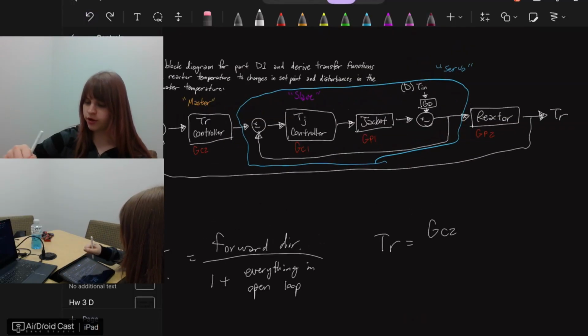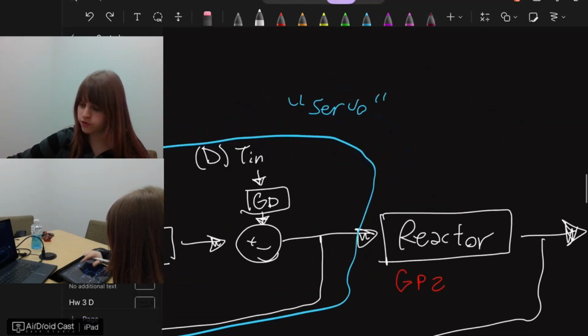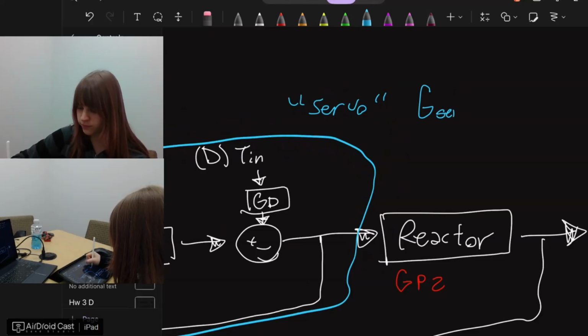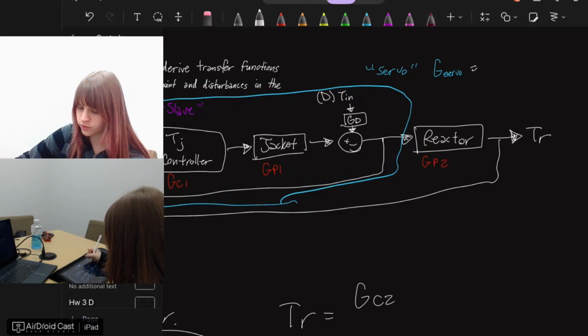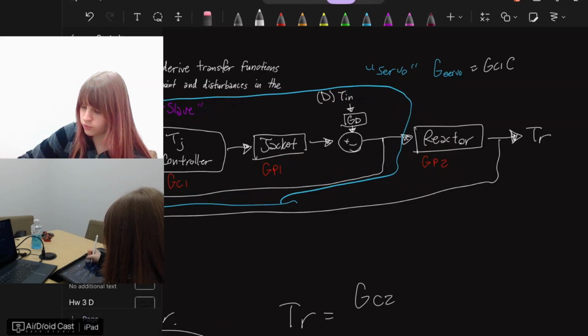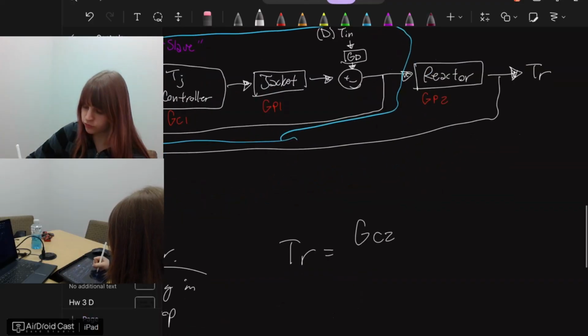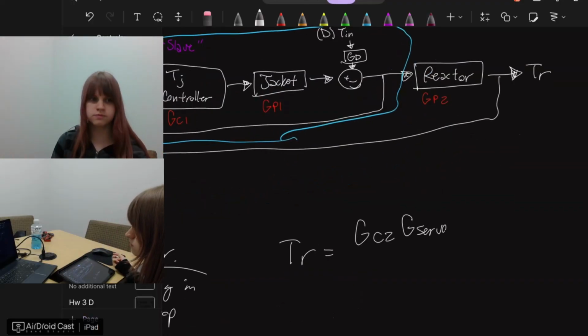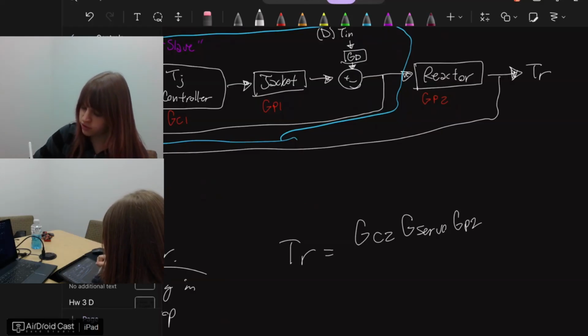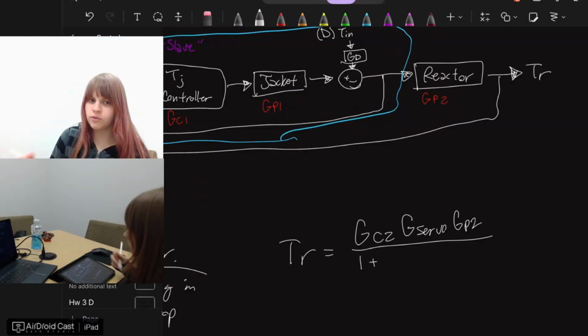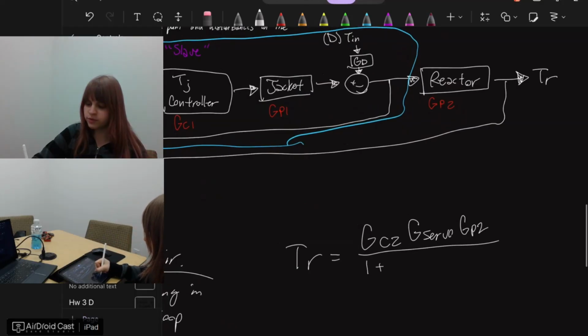And I am calling this inner loop servo, so I'm going to label that G servo. But just know that that would be GC1 and GP1 included in that. And also in the forward direction we have GP2 divided by 1 plus everything in the open loop, which would be GC2, G servo, GP2.